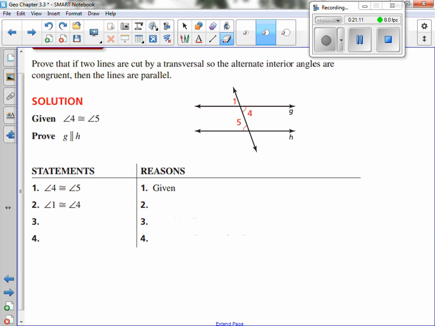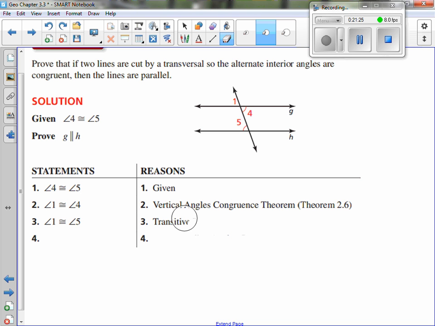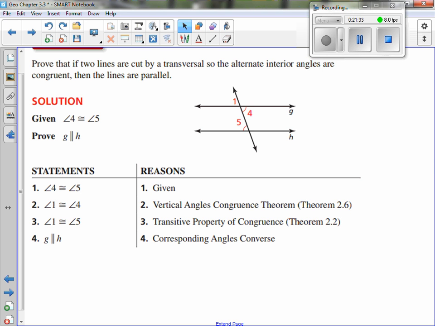Well, 1 and 4 are congruent. I know 1 and 4 are congruent because 1 and 4 are vertical angles, yes? Vertical angle congruence theorem. Well, since 1 and 4 are congruent, it means 1 and 5 are, which means they're parallel.